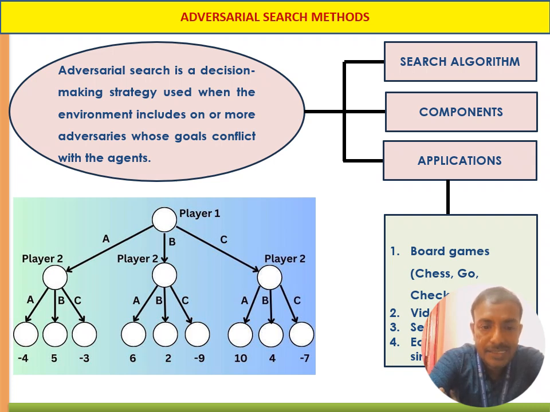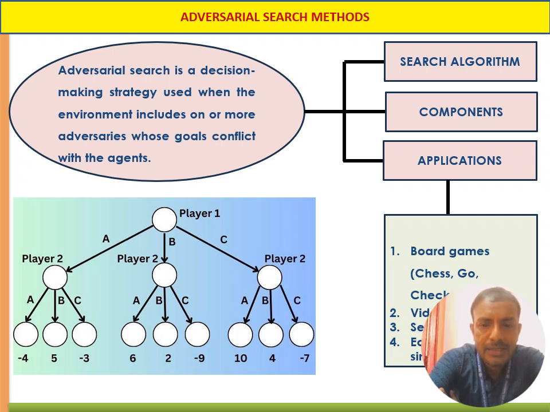And action C gives you -7. So at the other level, we have -4 from action A, -9 from action B, and -7 from action C. Now if you take the maximum of those, -4 is the maximum value.